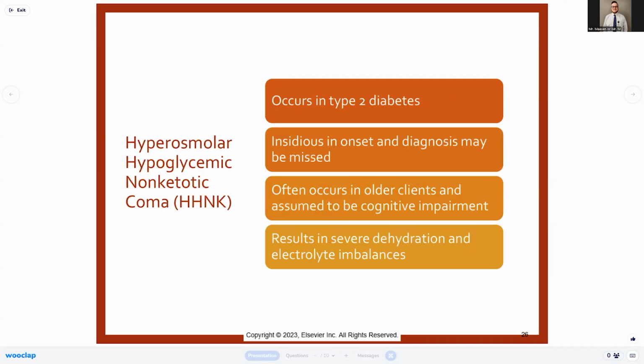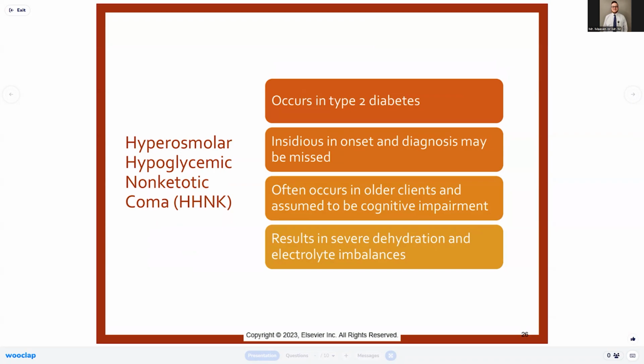A similar condition happens more predominantly in type 2 diabetics. Type 2 diabetics can develop DKA with the ketones, but typically, in type 2 diabetes, they produce insulin. It's just insulin resistance that is the problem that makes their sugar high. So usually they get higher levels of sugar compared to type 1 diabetes, and you see this in more older clients.